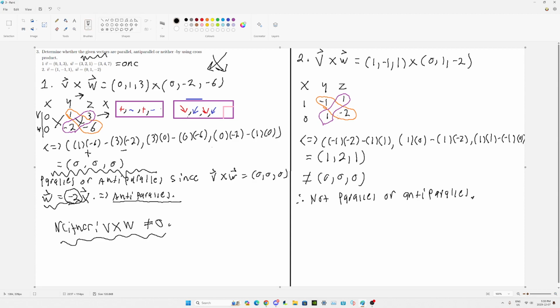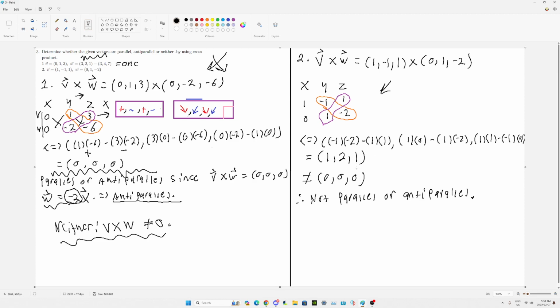Then we have negative 1 multiplied down right, negative 1, negative 2, minus z, 1, 1. Then we start from our z, 1 times 0. Then from x, 1 times negative 2. Then finally, start over x, 1 times 1, go right again, because we're going down left, negative 1 times 0.